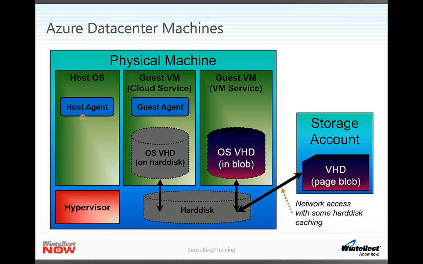Now, we talked about the cloud service. If you deploy your application as a Windows Azure cloud service, then Windows Azure will go and create one or more virtual machines for your cloud service. And just for the record, Windows Azure will usually deploy the different VMs onto different physical machines so that there is no single point of failure.